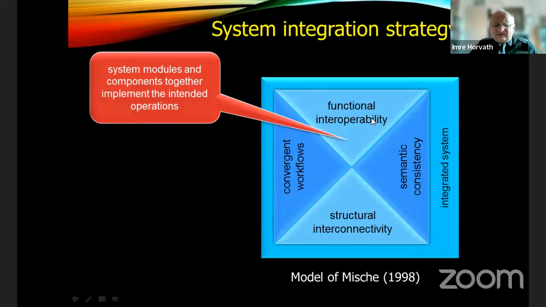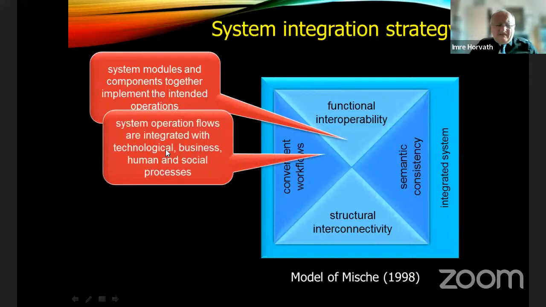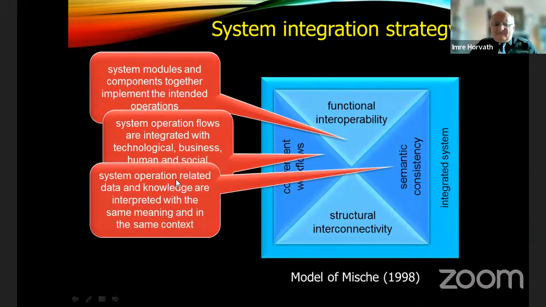Obviously, functional interoperability has to do with the system modules and components working together. They have to implement the interoperations. Then the workflows are to be defined in a way that they are really integrated from technological, business, human, and social perspectives.